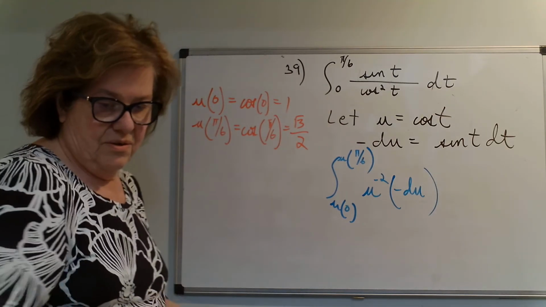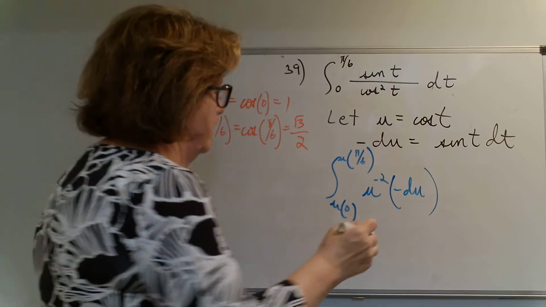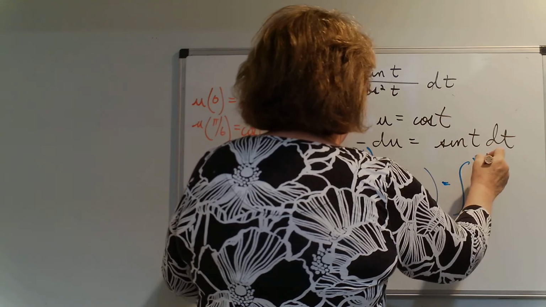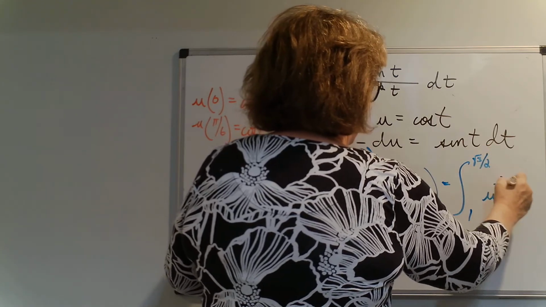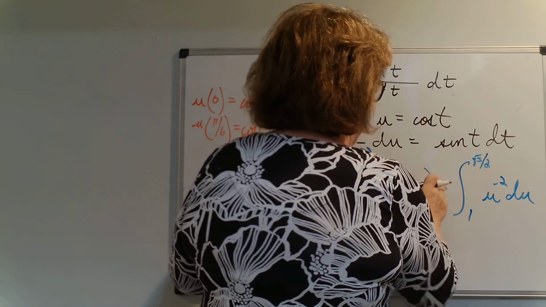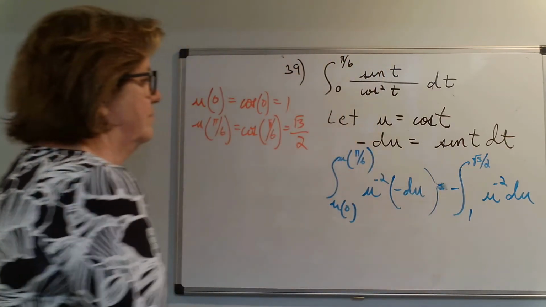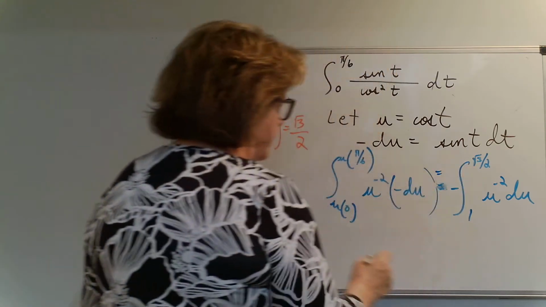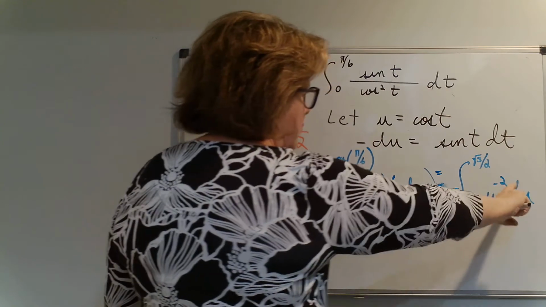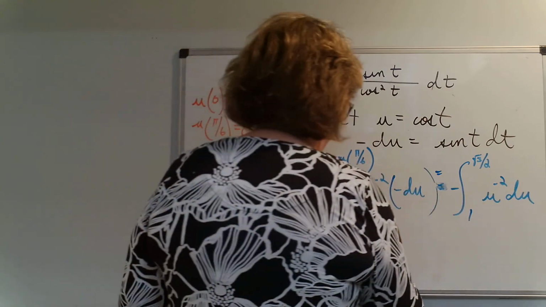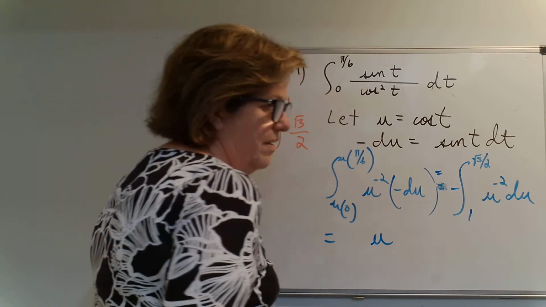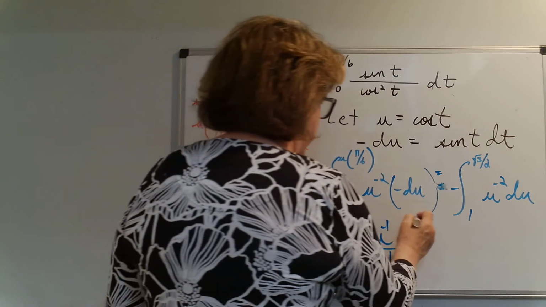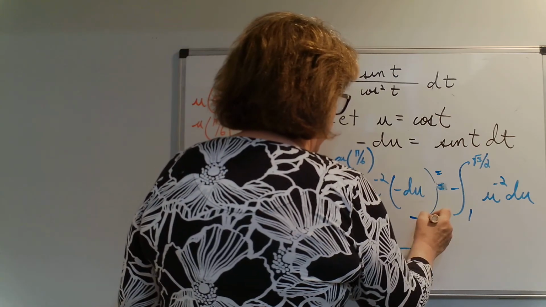So our new limits of integration are 1 to square root of 3 over 2, u to the negative 2 du, and I'll put the negative out here. Well, we can get that antiderivative. You add 1 to the exponent and divide. So negative 2 plus 1 is negative 1, over negative 1, and we're going to evaluate that from 1 to the root 3 over 2.